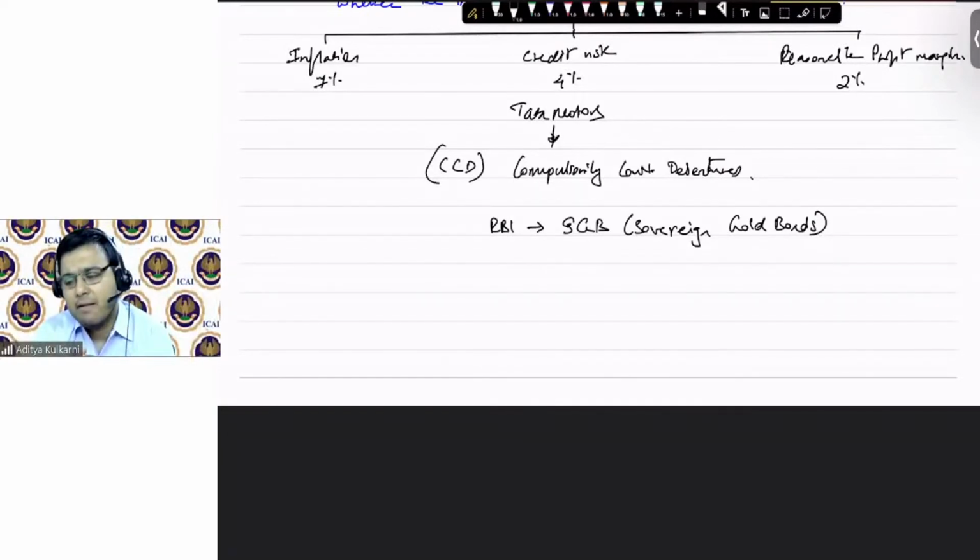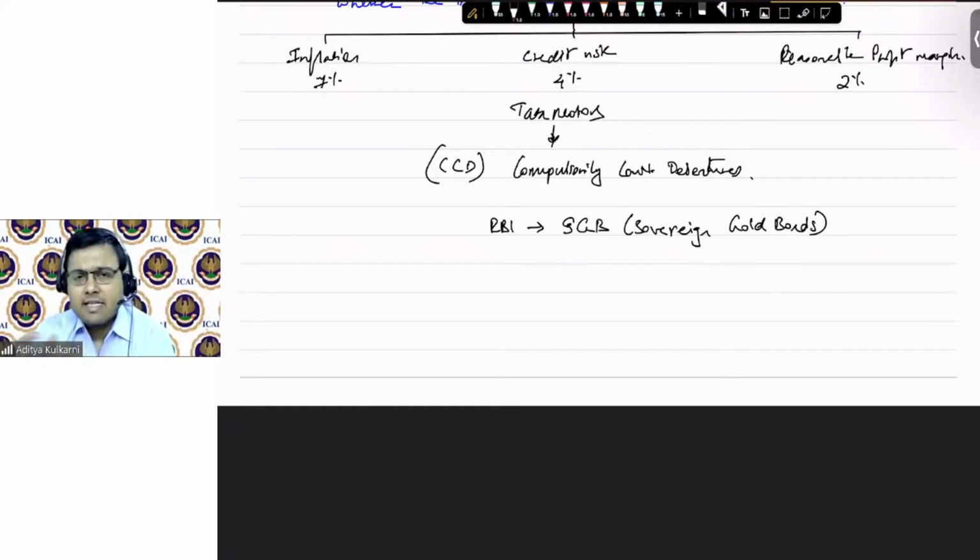So what the RBI decided is, let us come out with a sovereign gold bond. In sovereign gold bond, the terms of the gold bond are, you place the money with RBI. Okay. There is a lock-in period of 5 years or 8 years, whatever it is. And you will be compensated every year for some interest.